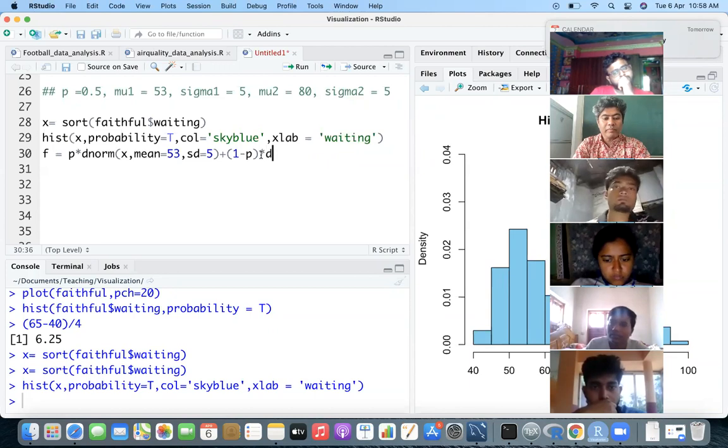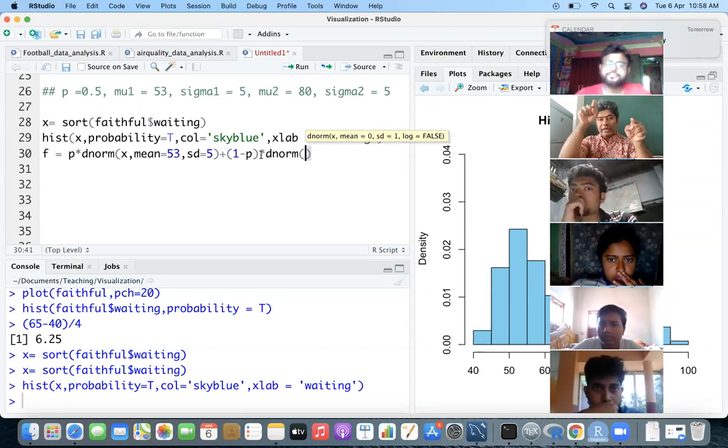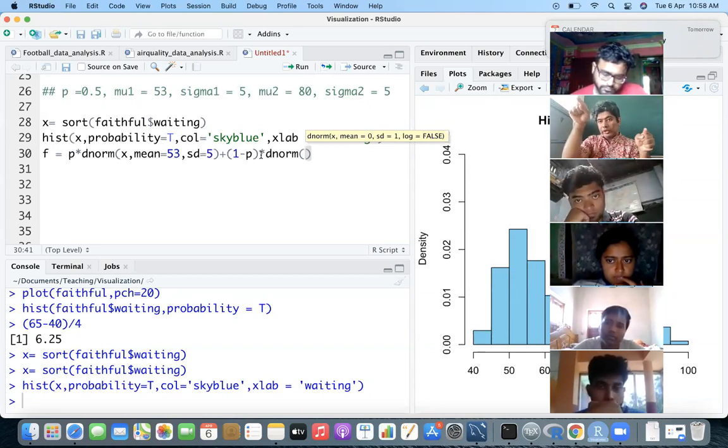Sorting is required just to draw the line, because what happens is it takes a point and then whatever second point you have next in the data, and it draws a joining line.